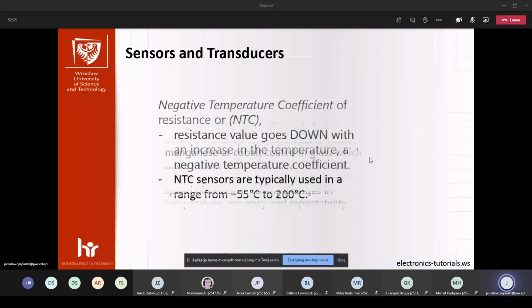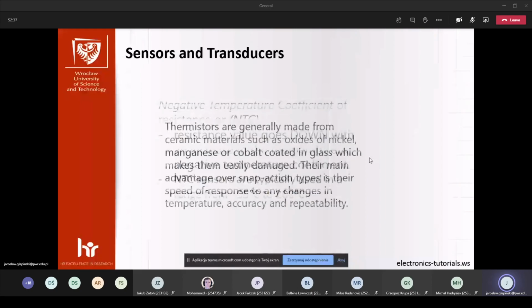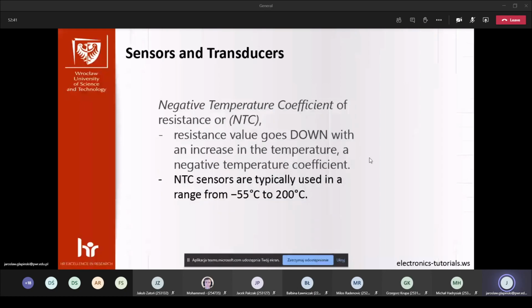We have generally two kinds of thermistor. One kind is NTC, which means negative temperature coefficient, and PTC is positive temperature coefficient.